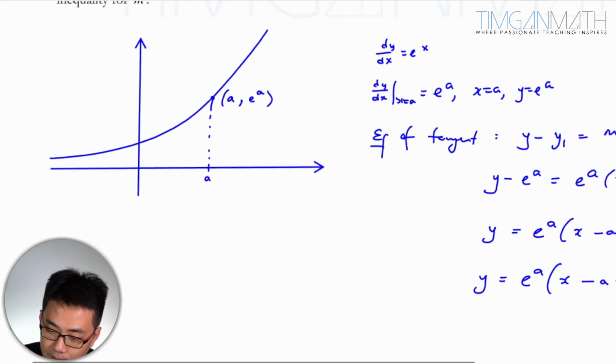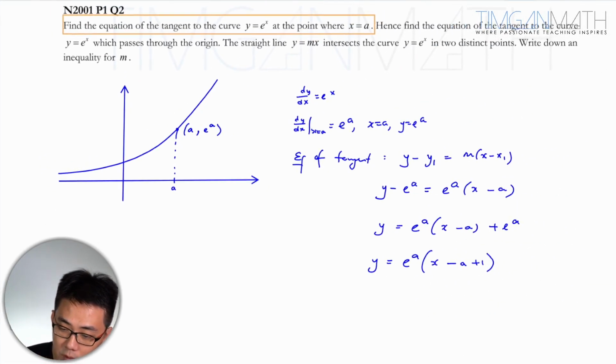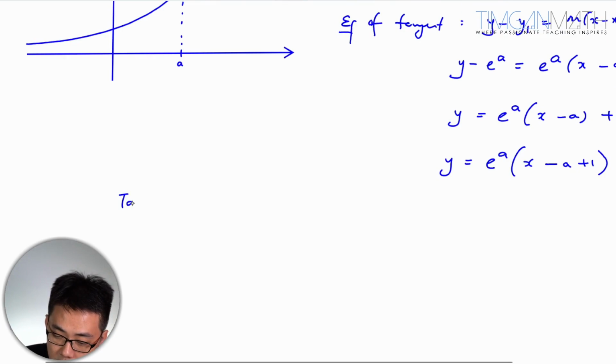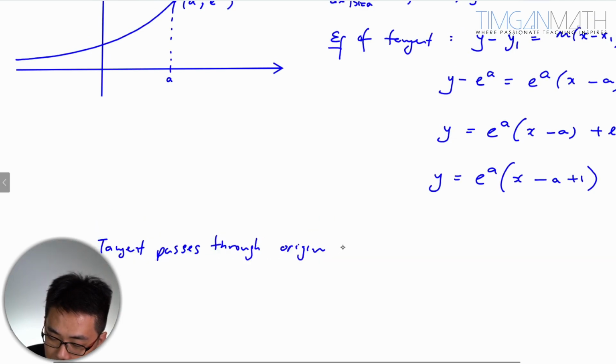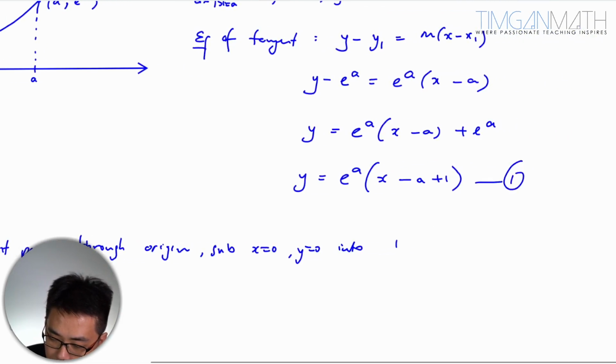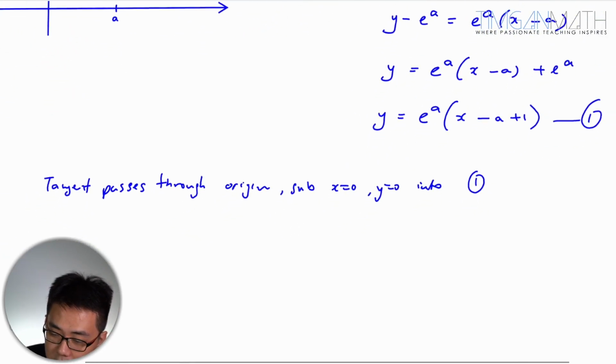For the second part, for the tangent that passes through the origin, it will mean that we substitute x equals 0, y equals 0 into the equation.